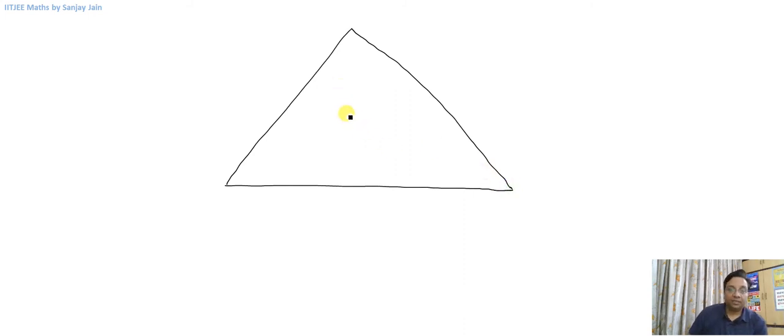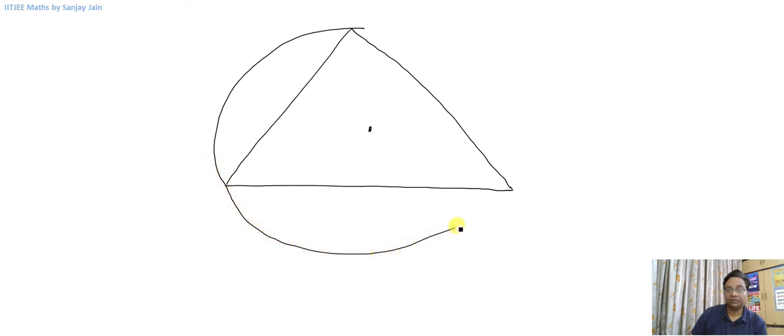All right, let us say this is the circumcenter, and let this be the circumcircle. Let's name these points A, B, C, and let us name this circumcenter as O.